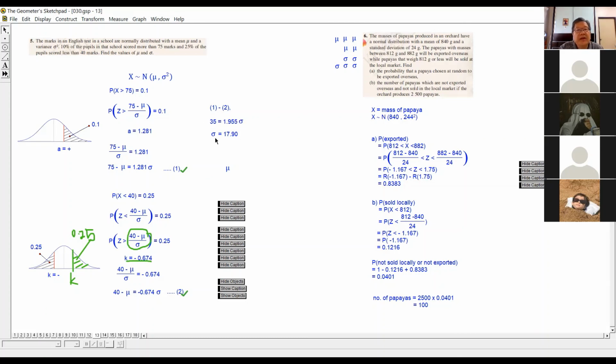Solving the equation, I have sigma equals 17.9. I substitute 17.9 back into equation 1. Solving this equation, you will get the value of mu to be 52.07. Okay, so that's how we solve problems involving normal distribution.